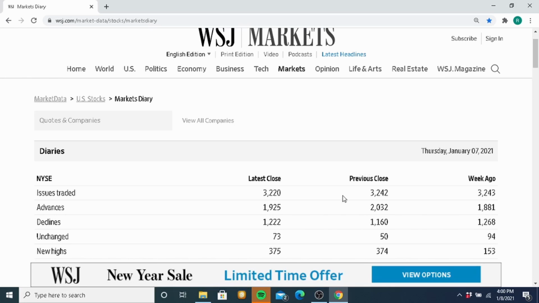For the previous day, these are the January 6th numbers. January 6th had 2,032 stocks at a higher closing price than they did on their previous trading day, January the 5th. And then they had 1,160 stocks that had a lower closing price than they did on their previous day. So let's take these numbers, because we're looking at January 6th for our example, and plug them into our equation.